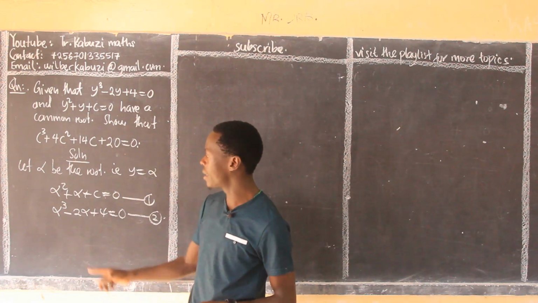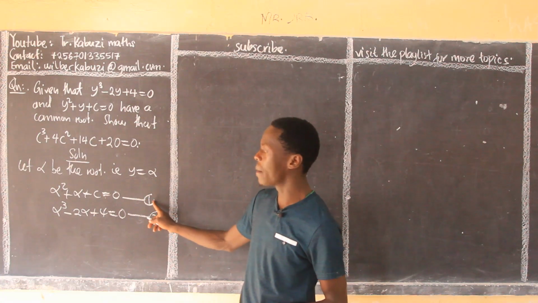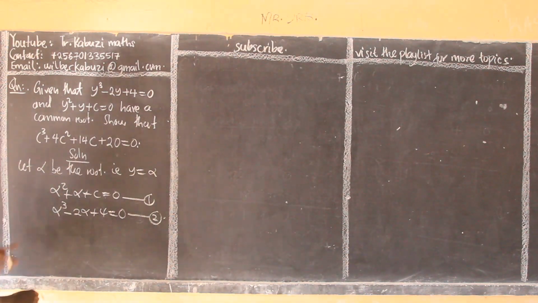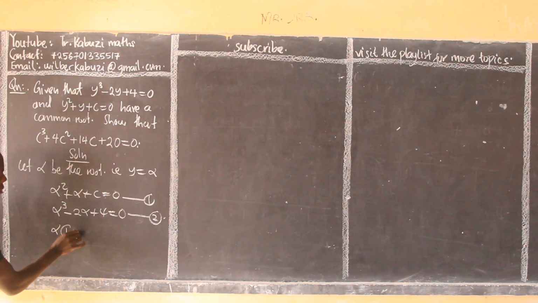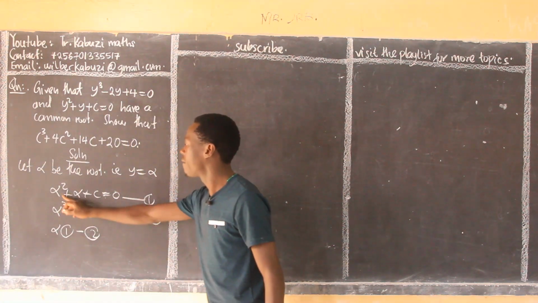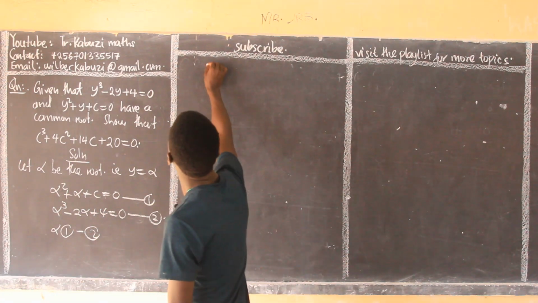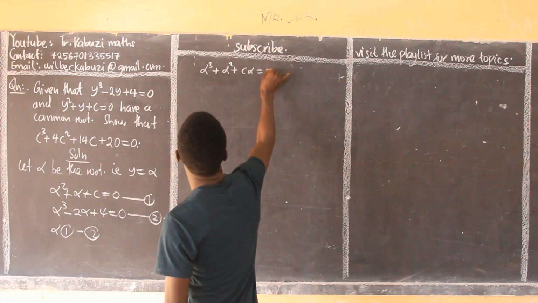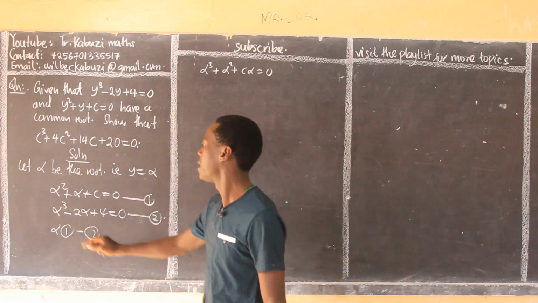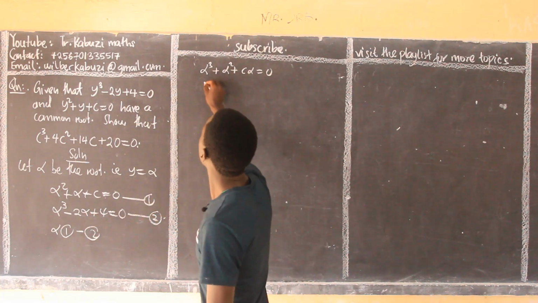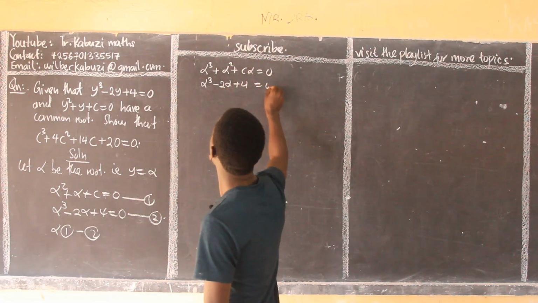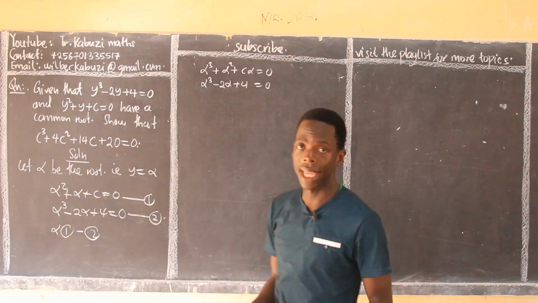So now, if I start by eliminating alpha cubed, it means that I'm going to multiply here by alpha, then I maintain this. So we say, now, alpha in equation 1, then we subtract equation 2. So now, if I multiply alpha here, I'll be having now, so I'm multiplying here by alpha. Then I bring this to this one, we don't do anything, because the coefficient is already 1, so we can ably eliminate.